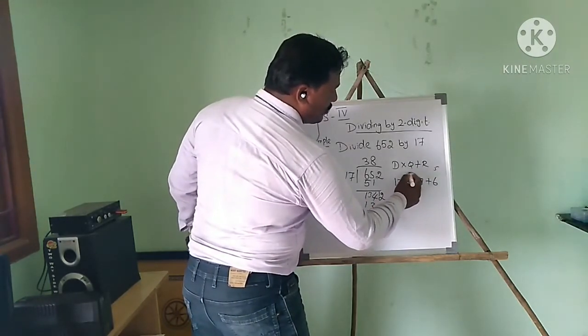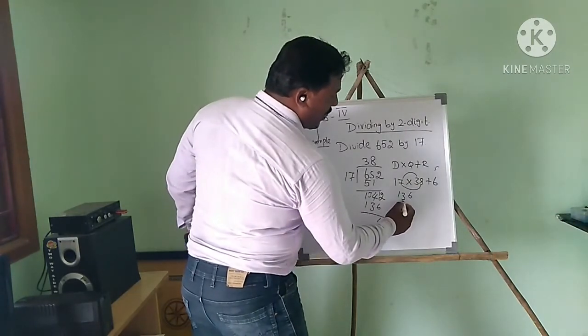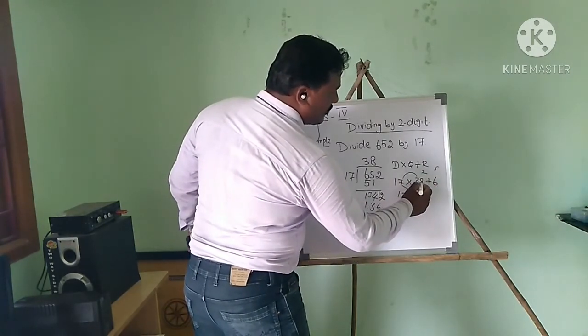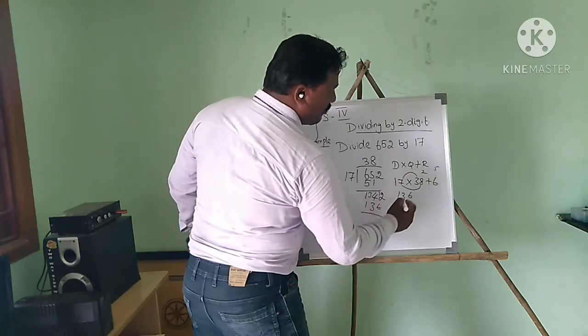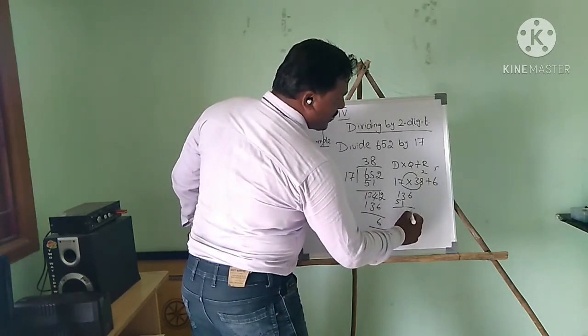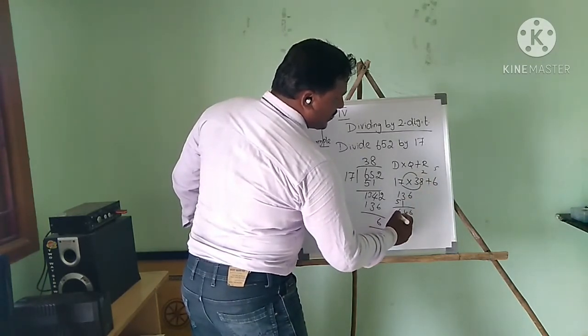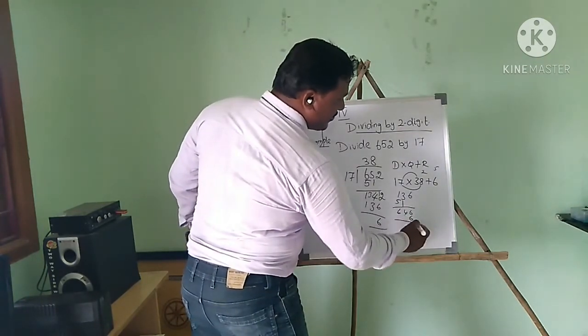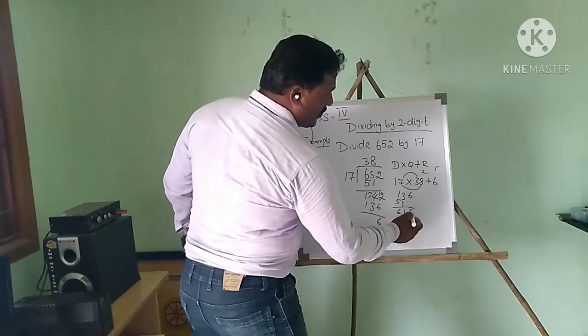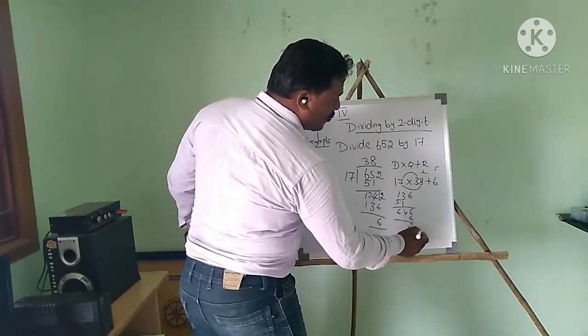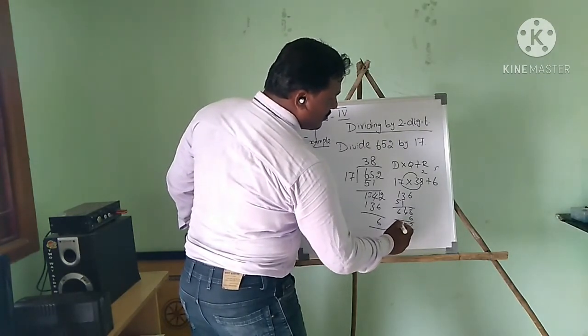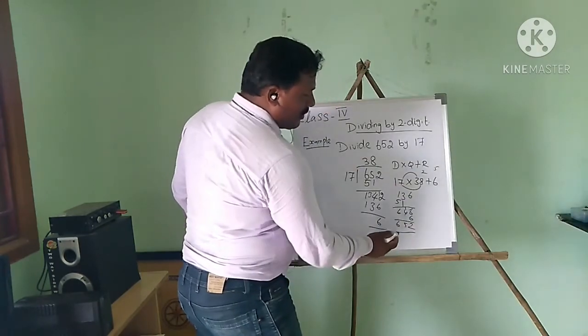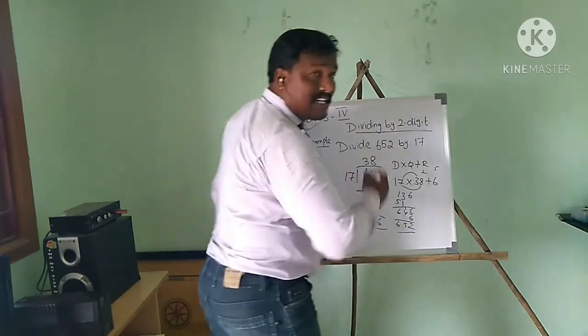Now 3 sevens are 21, 1, remainder 2. 3 1 is 3, 3 plus 2, 5. So 646. Plus 6, the remainder. 6 plus 6, 12, 2, remainder 1. So 652. My answer is correct.